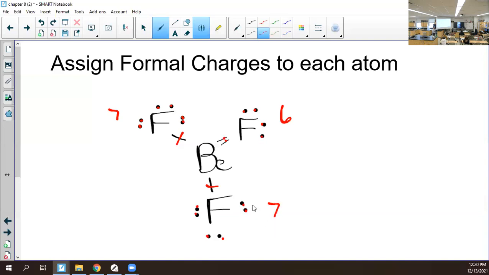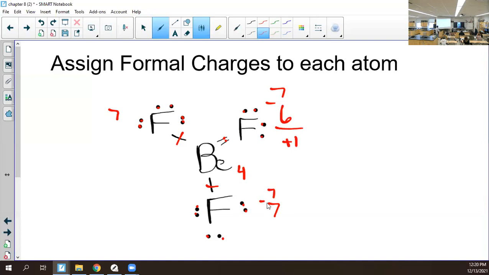The next thing I do is I take the valence and I subtract these from them. So, oh, I didn't do beryllium. I'm sorry. How many does it have? 4. 1, 2, 3, 4. It's okay. Okay, now I take 7 minus 6, and what do I get? 1. Oh, no, I did it backwards.